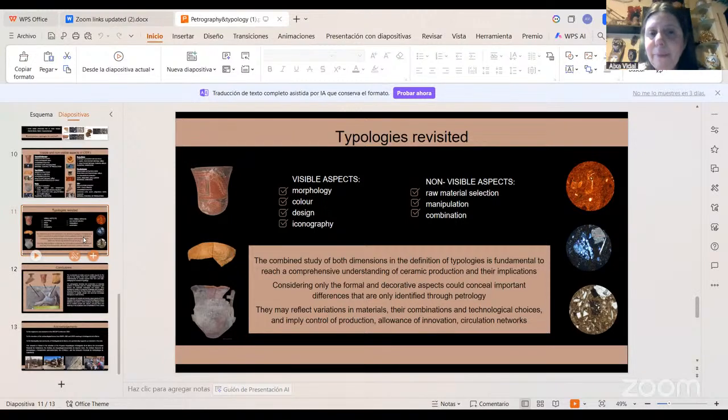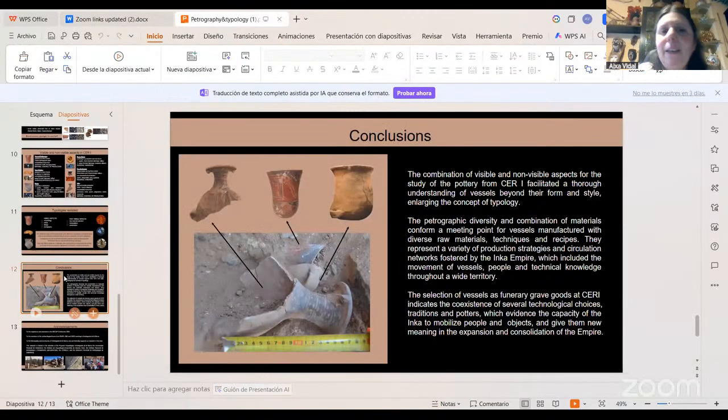And they may reflect variations in materials, combination of technological choices, implying the control, allowance, or innovation of patterns, as well as circulation networks. Going back to our case study, what happens in this burial?